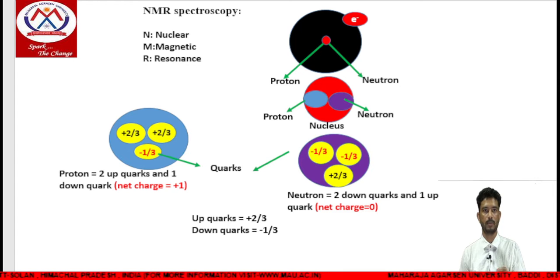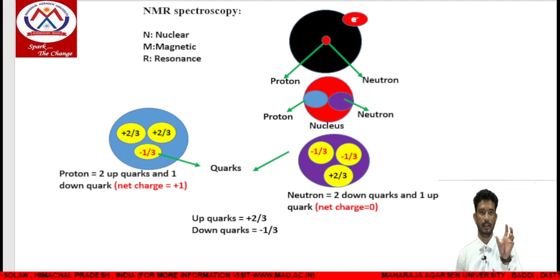So +2/3 and -1/3 on protons, and when we see the charge on the neutron, it is neutral. If we sum up all these charges, in the case of neutrons the net charge is 0, whereas in the case of protons the net charge is +1. That's why we say that our proton has +1 unit positive charge.